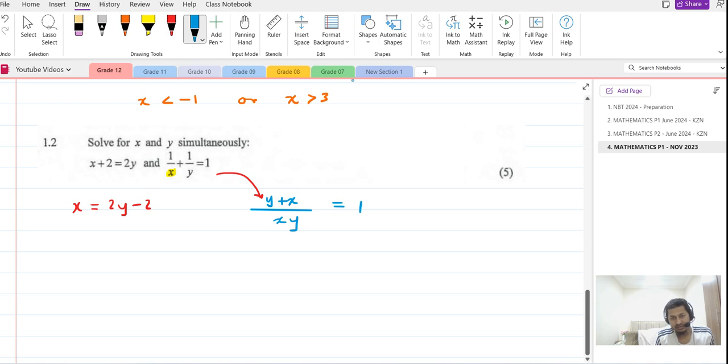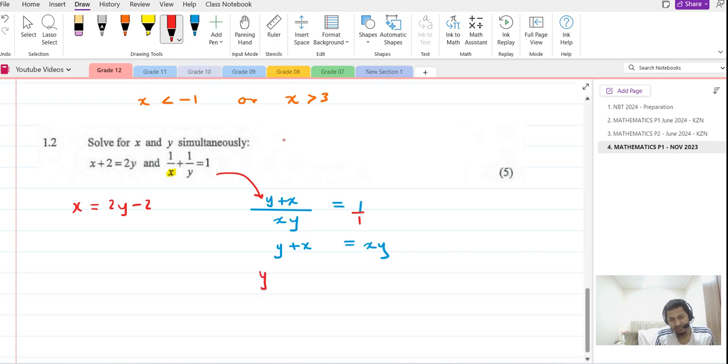If you cross multiply, you're going to get y plus x is equal to xy. 1 times y plus x is y plus x, and xy times 1 is xy.